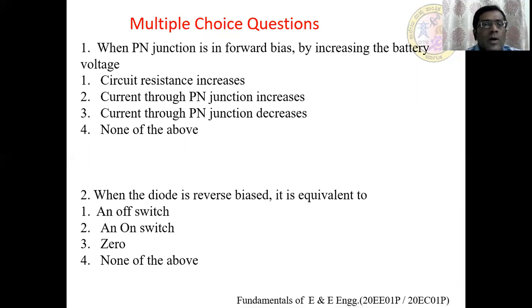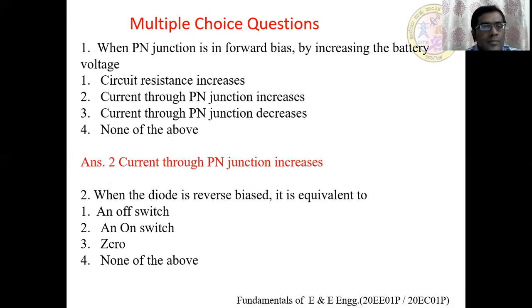Some questions we'll see now on the topics we have covered so far. First one: when a PN junction is in forward bias, by increasing the battery voltage, the circuit resistance increases, the current through the PN junction increases, the current through the PN junction decreases, or none of the above.